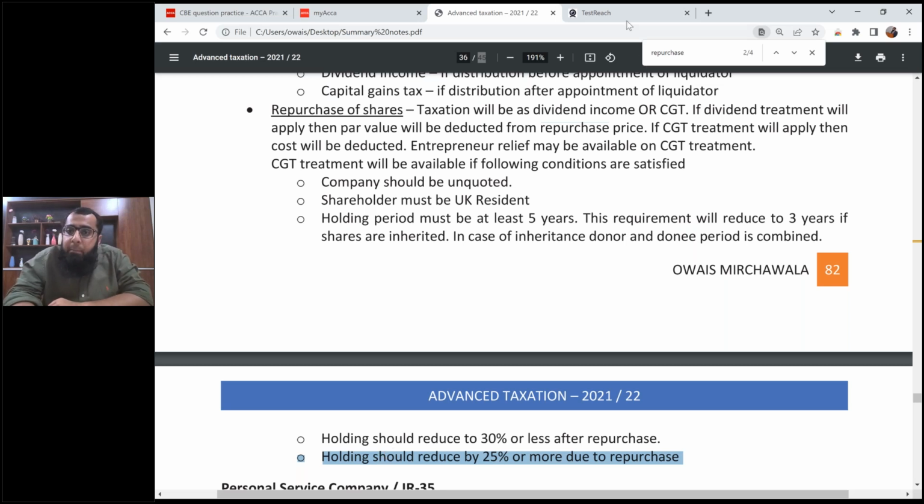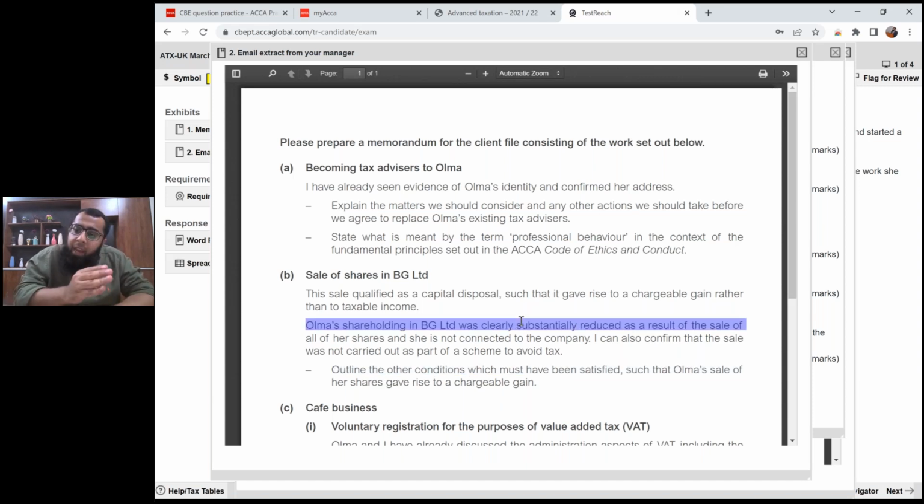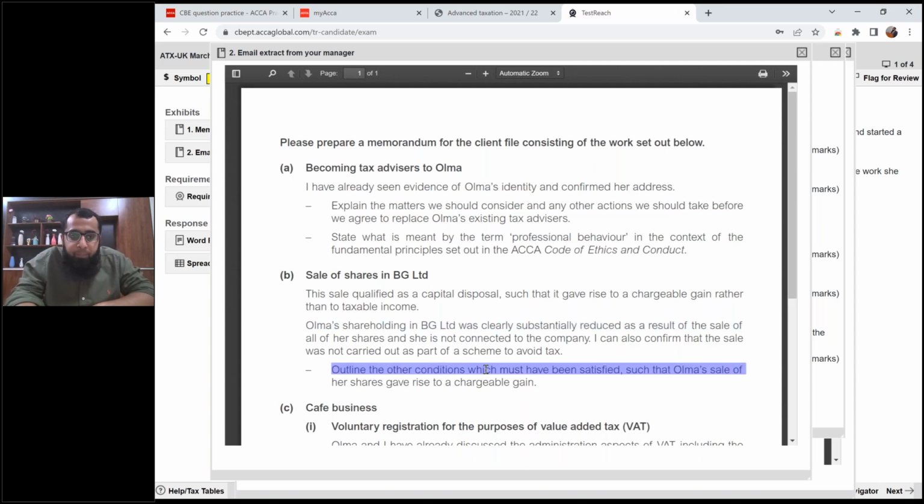Okay, now let's come back to the question. Outline the other conditions which must have been satisfied. See, he has written here that there has been a substantial reduction, so you are not required to worry about the reduction. You just have to outline the other conditions which have to be satisfied.